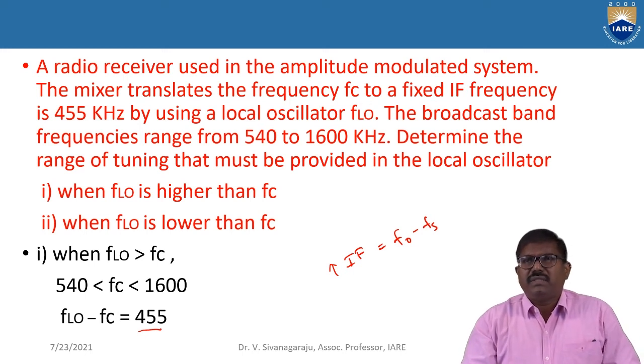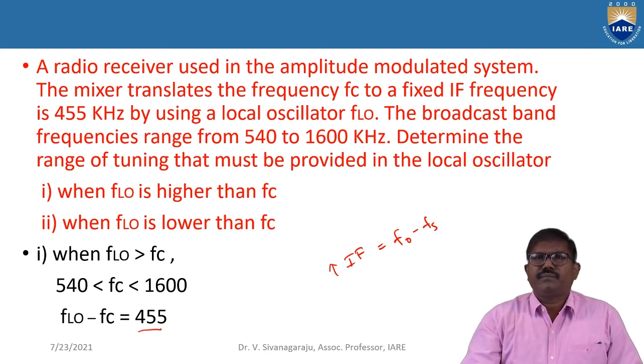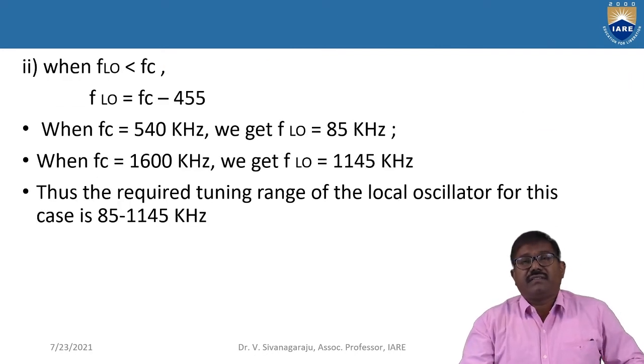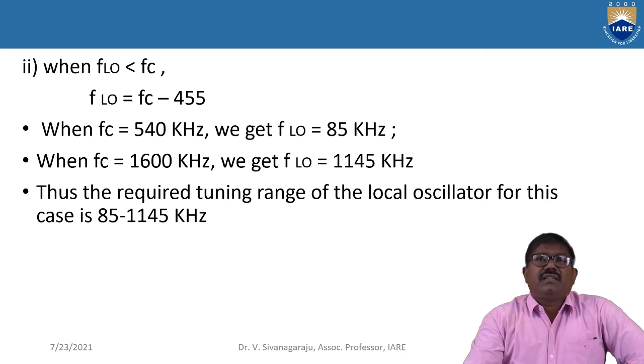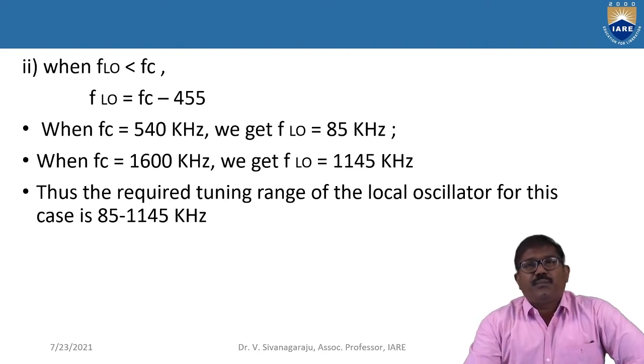In this problem they give a fixed IF, and a signal frequency range from 540 to 1600. We are going to find the local oscillator tuning frequency range. This is the first case. Now the second case, the local oscillator frequency FLO is less than FC.